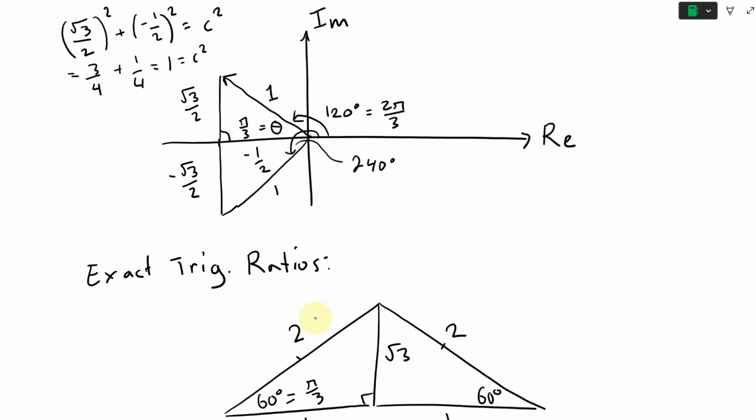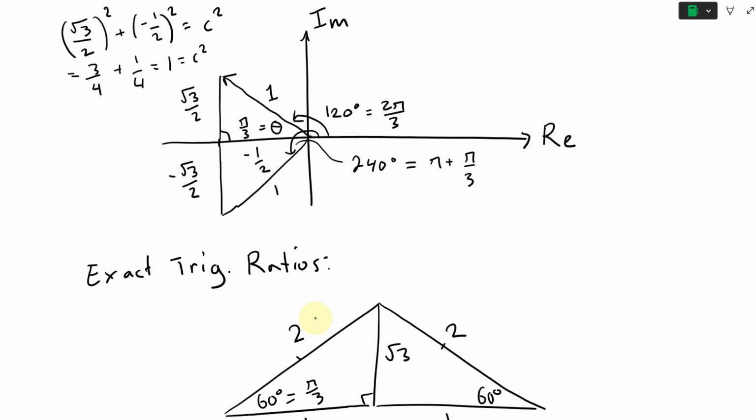So the solution is basically a rotation in the complex plane by 120 degrees or 240, and you get the solution to the cube root of unity. And this one is, in other words, pi plus pi over 3.